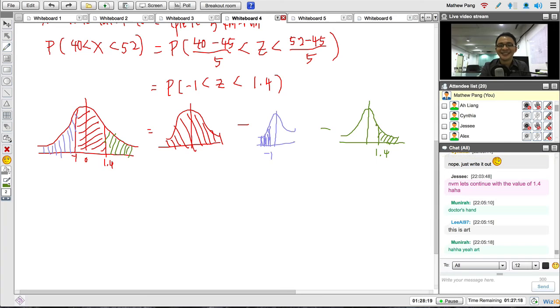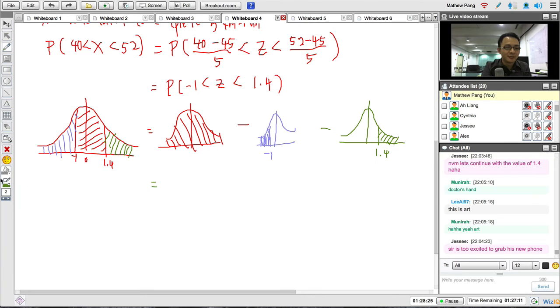Okay, come have a look here. The total here we know is just, let me change to black maybe, total here is just 1, because I said total probability is just 1. Minus this part. This part we call what? This is 1, negative 1 here, right? Go this way, so it's less than, isn't it?